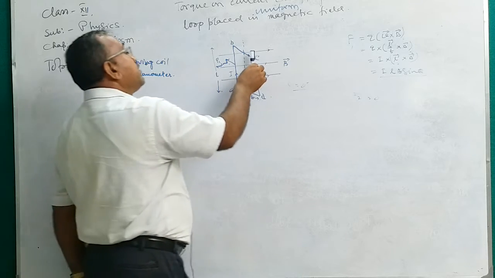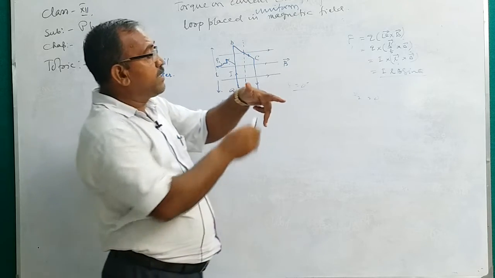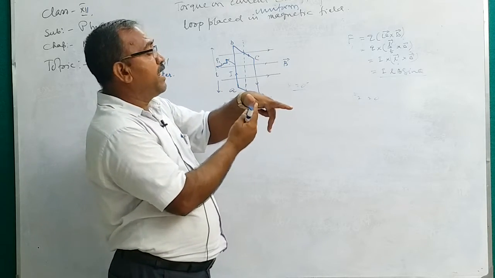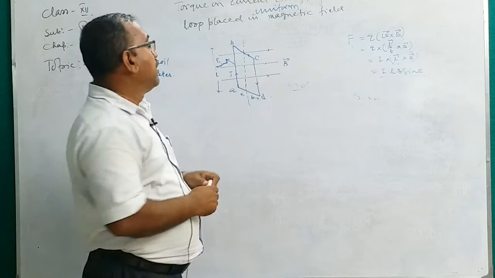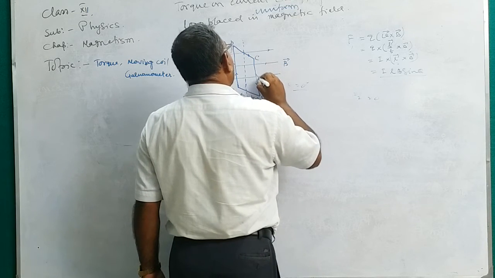Similarly, CD is in this direction. You consider the current is this and the magnetic field is that, and the force is outward from the board.